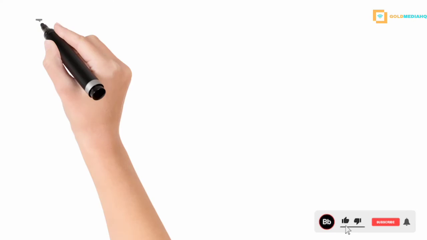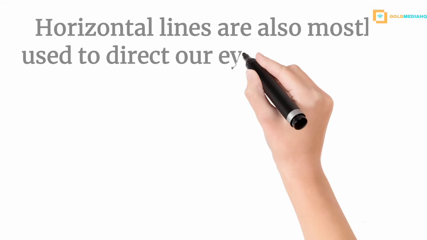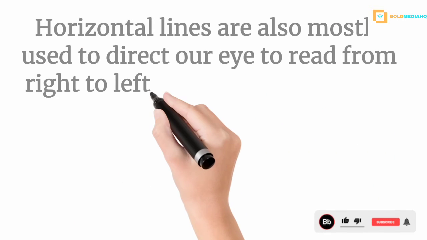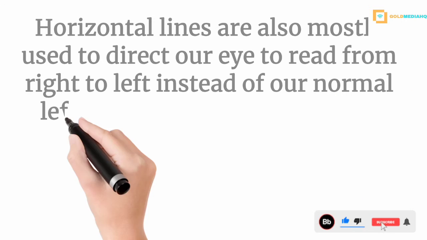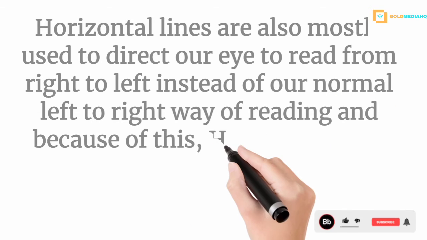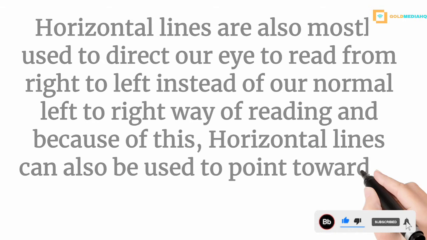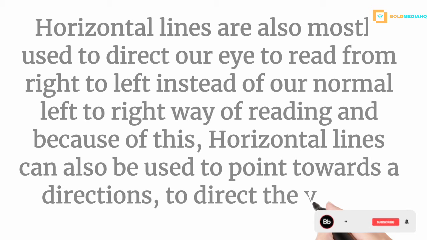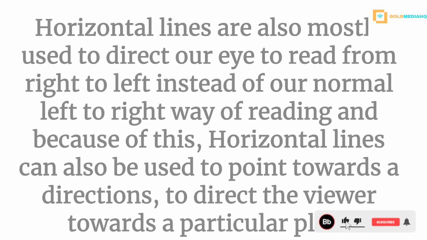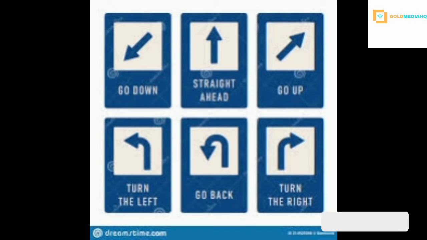Horizontal lines are mostly used to direct our eye, and because of this, horizontal lines can be used to point towards a direction, to direct the viewer towards a particular place.